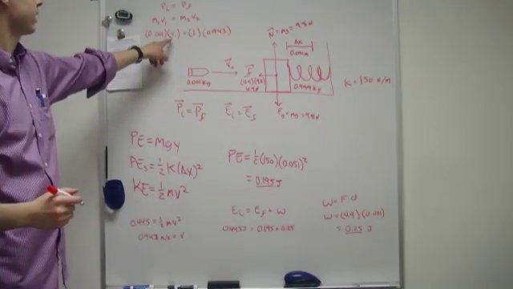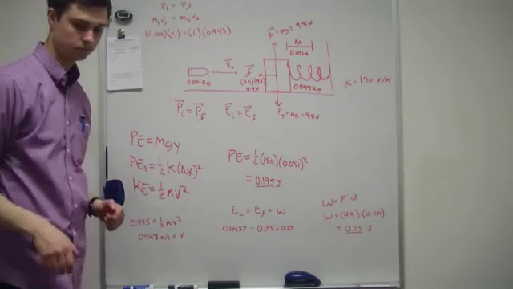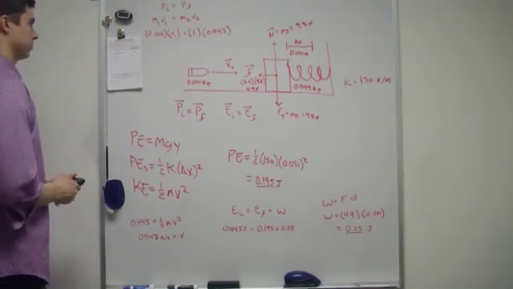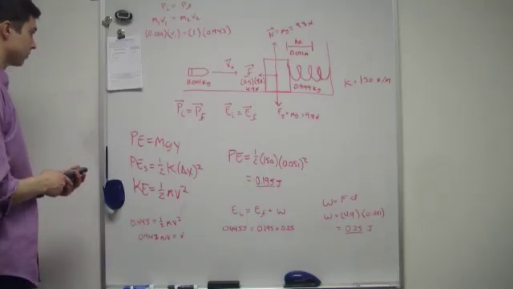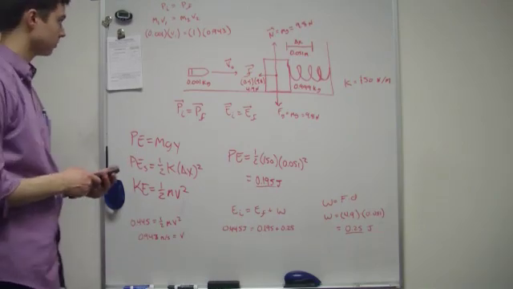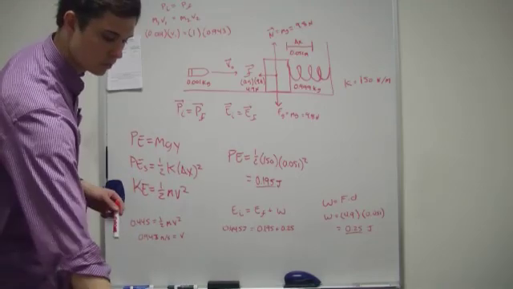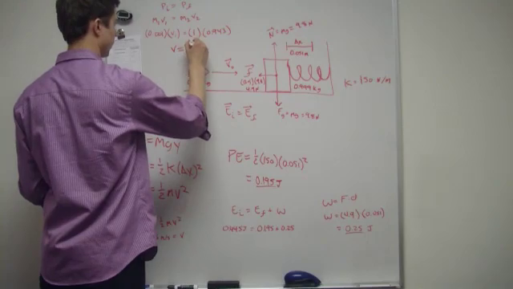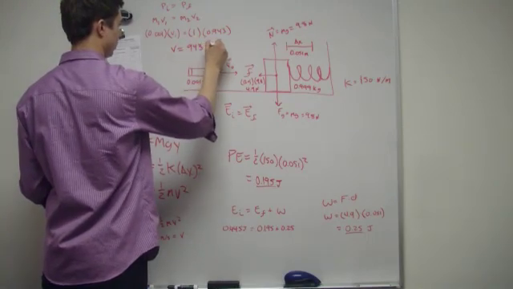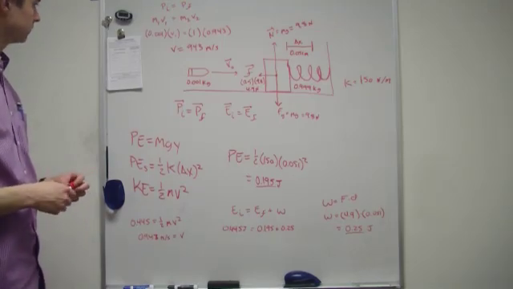Now we can backtrack and solve for velocity. So you just divide by the 0.001. So v equals 943, 940 meters per second.